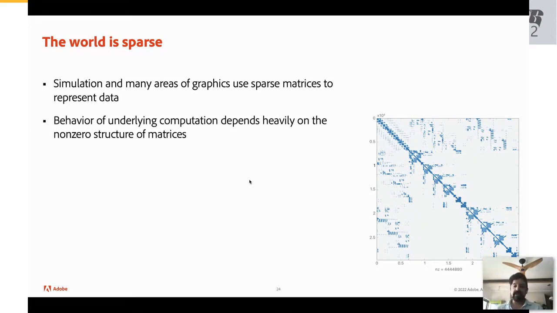That makes sense because the sparse matrix is really representing the connectivity of the world, which really doesn't have everything directly connected to everything else. So the non-zero structure, or the connectivity of the thing you're representing, really dictates how simulation occurs.